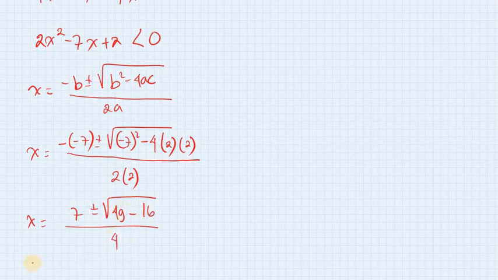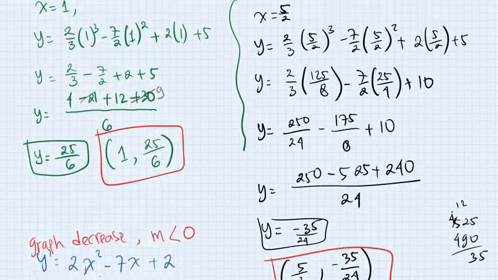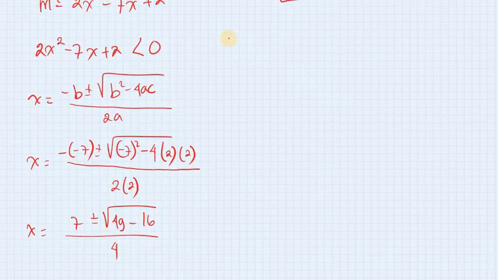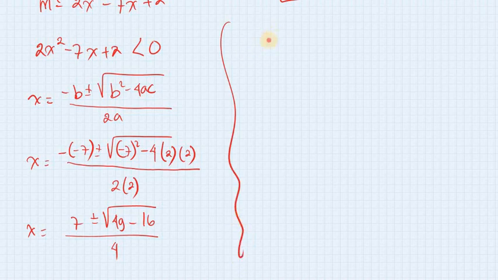So we will have x equals, let's continue here, 7 plus minus square root of 49 minus 16 is 33, divided by 4.